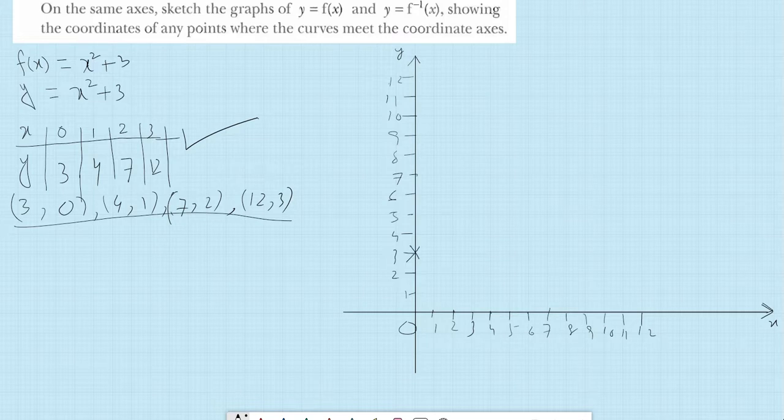First point, x=1, y=4. Second point, x=2, y=7. And x=3, y=12. Join these 4 points without a scale.